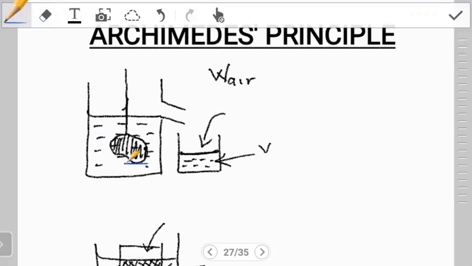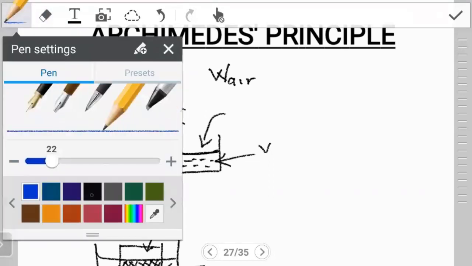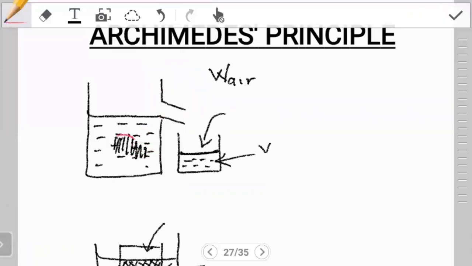So let's remove the string as well. Let's say this is our object that is wholly immersed in a fluid.